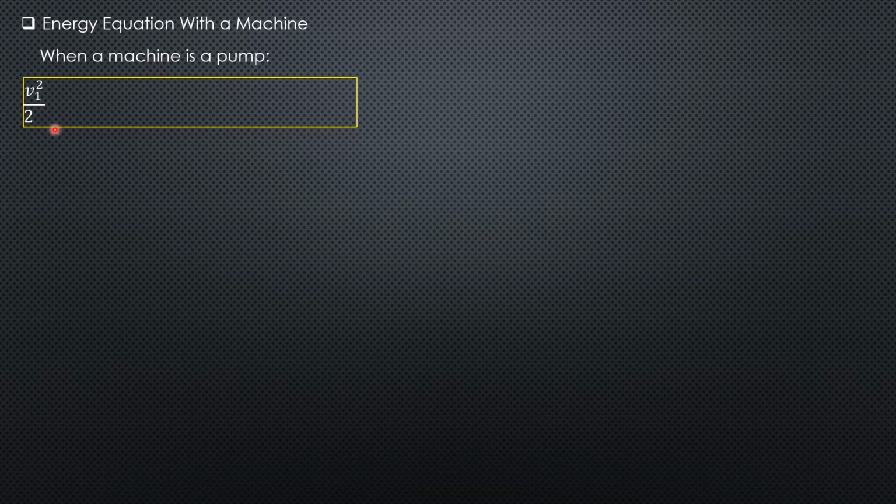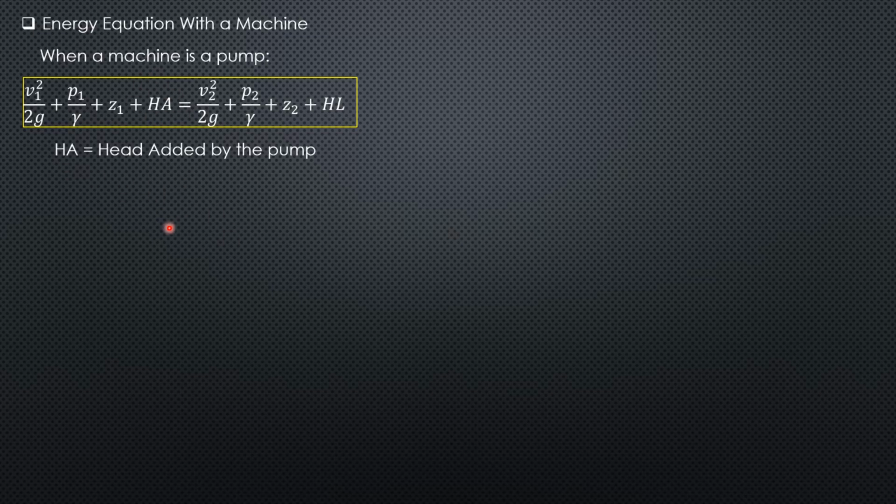So velocity head at 1, pressure head at 1, plus elevation head at 1, plus head added by that machine, which is a pump, equals velocity head at point 2, pressure head at point 2, elevation head at point 2, plus the head lost. I will show this later. So HA is called head added by the pump.